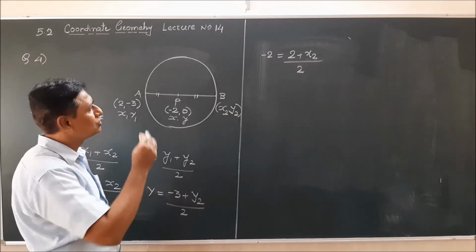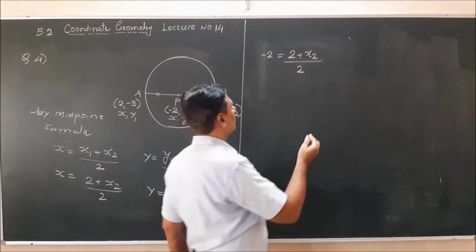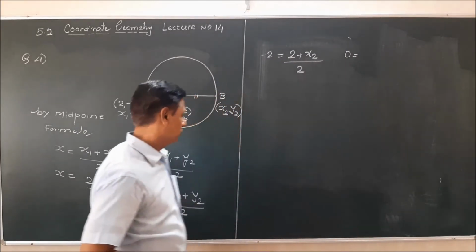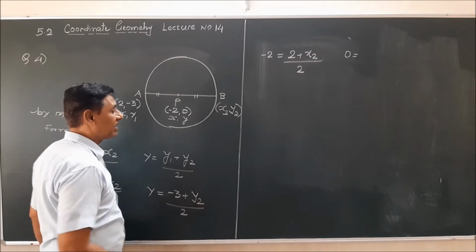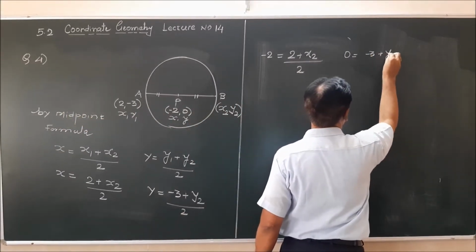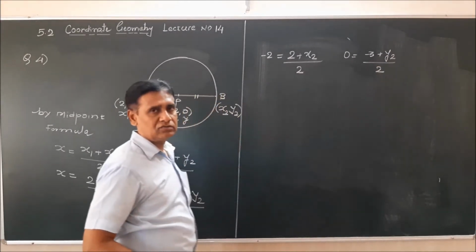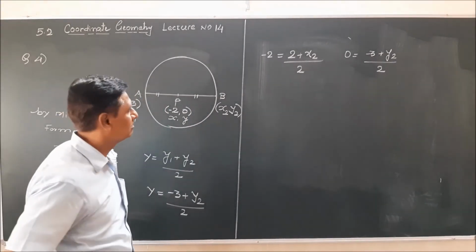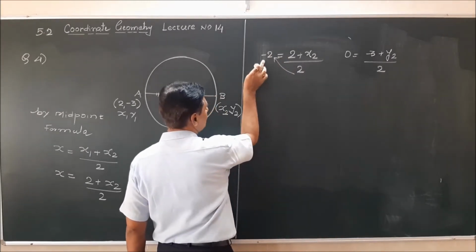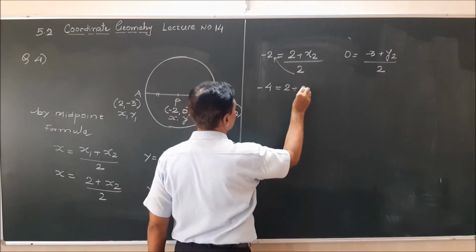Value of y is 0. 0 is equal to -3 plus y2 upon 2. We have to get values of x2 and y2. Now if I transfer 2 to the left hand side, -4 is equal to 2 plus x2.